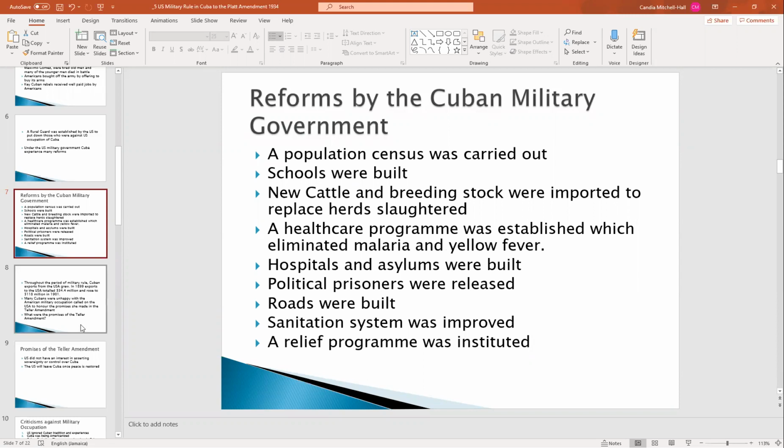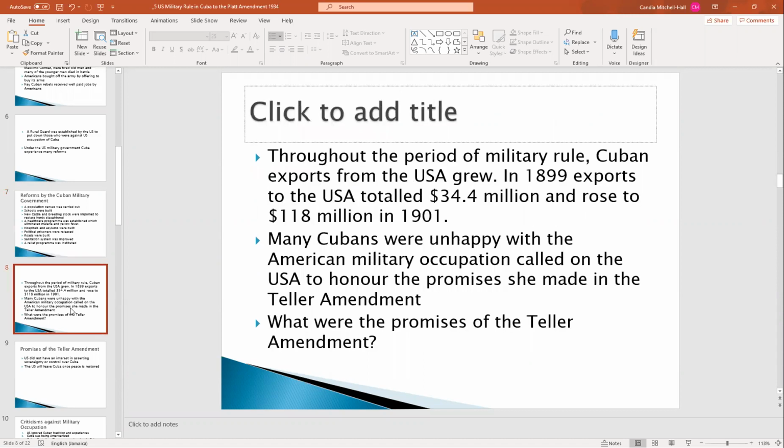In fact, immediately after the war, the Spanish-American War, and after they signed the Treaty of Paris, the Americans had something that was called the Teller Amendment.